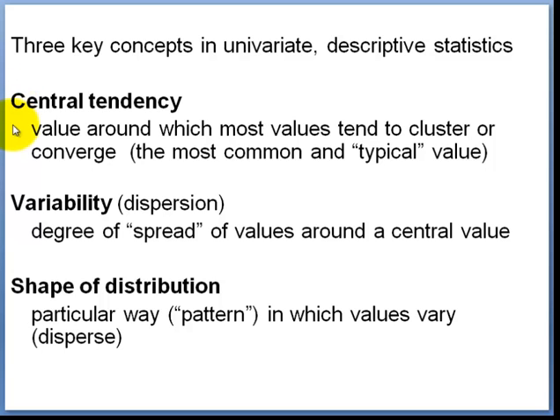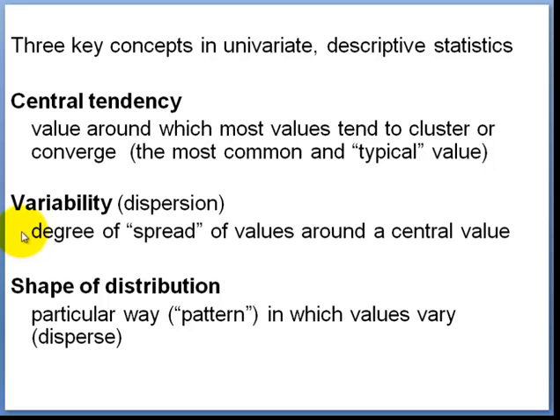Chapter 3 focuses on central tendency, that is, the value around which most values tend to cluster. The most common and, so to speak, the most typical value is what central tendency is wanting to convey to your reader. Variability has to do with the degree of spread of values around a central value.